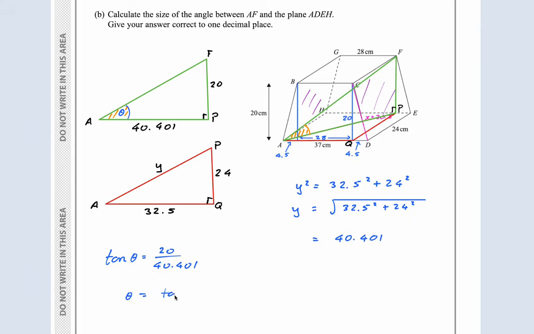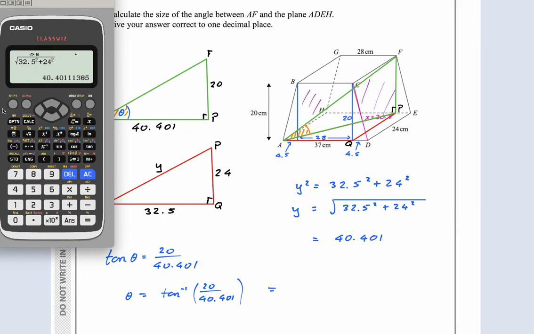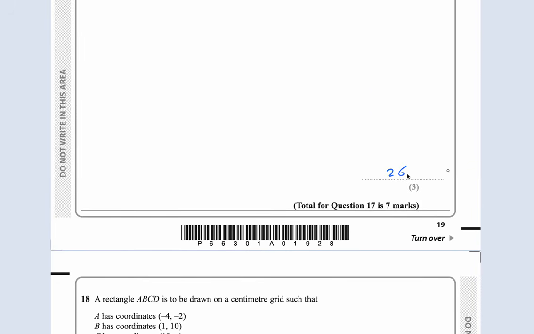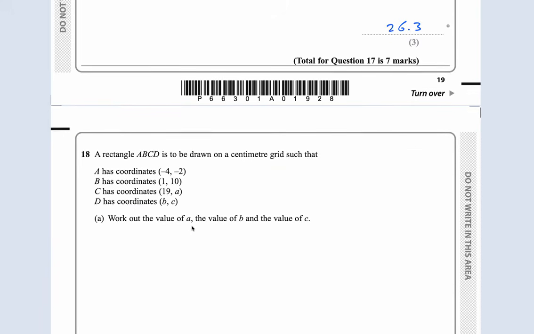Theta is the inverse tan of 20 over 40.401, shift tan, 20 over 40.401, which is 26.337. It says one decimal place, 26.3. So this is 26.3. That, guys, was a really, really difficult question. Both parts were difficult, but certainly particularly part B.